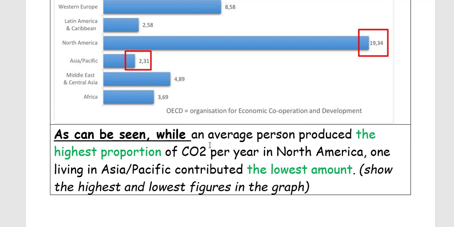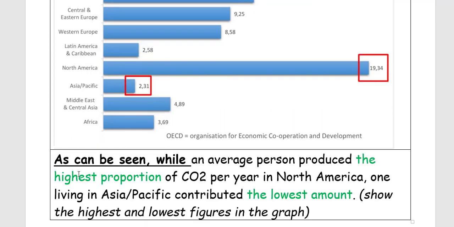You should not focus on any percentages. As can be seen, while an average person produced the highest proportion of CO2 per year in North America, one living in Asia and Pacific contributed the lowest amount.